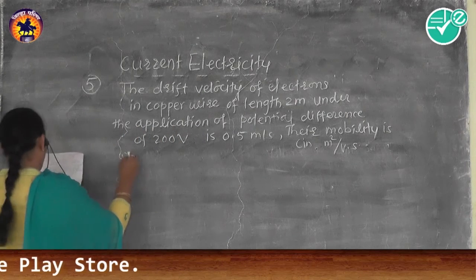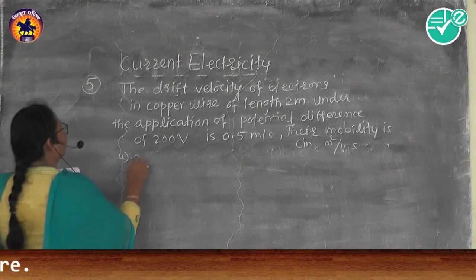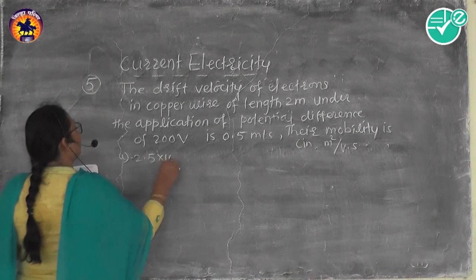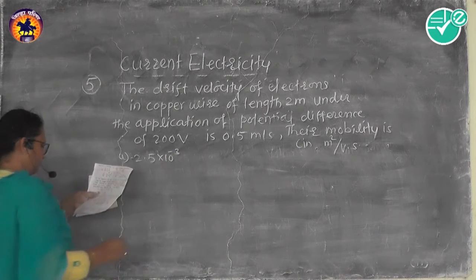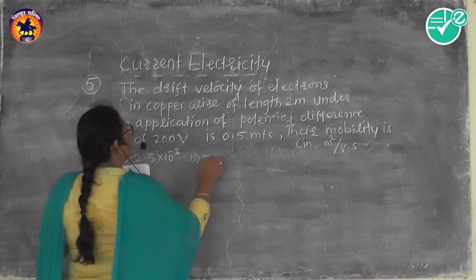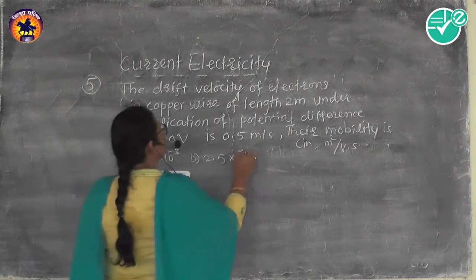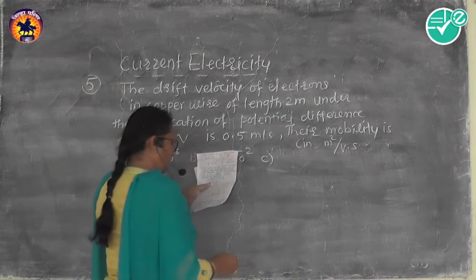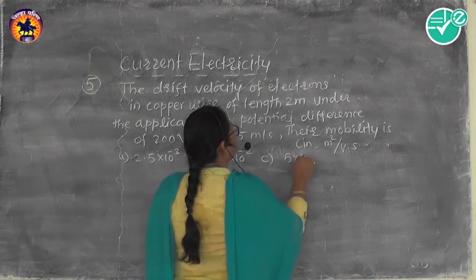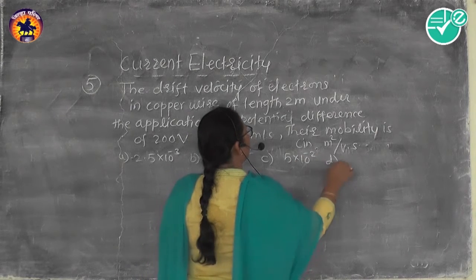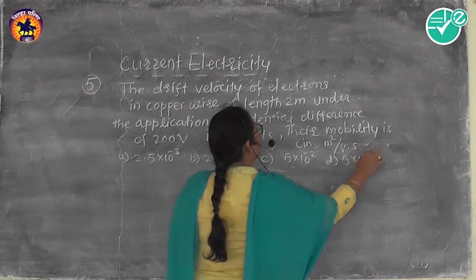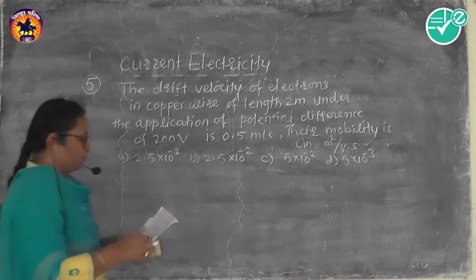Option A, that is 2.5 into 10 to the power minus 3. Second one is 2.5 into 10 to the power minus 2. Option C, 5 into 10 to the power minus 2, and last one is 5 into 10 to the power minus 3.